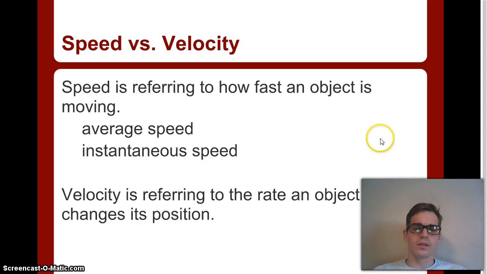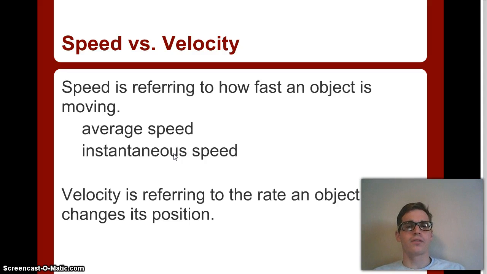So it's good to decipher what average speed is and what instantaneous speed is. Because average speed is going to be taking 2 points and determining how fast you're going just over that amount of time. Whereas an instantaneous speed is an instant in time, 1 point in time, determining how fast you're going.